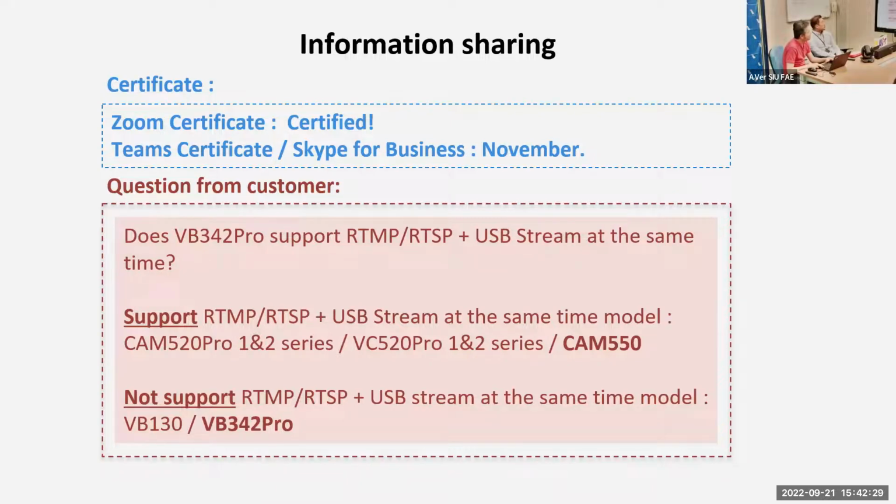Yes, this year. And we have a question from a customer: does the VB342 Pro support RTMP, RTSP, and USB at the same time? The answer is no. The models that support RTMP, RTSP, and USB 3 at the same time are the CAM550 Pro 1 and 2, the VC520 Pro 1 and 2 series, and the CAM550.